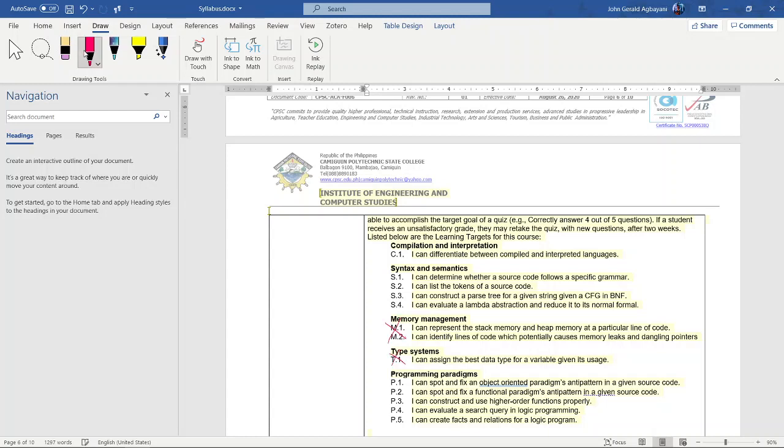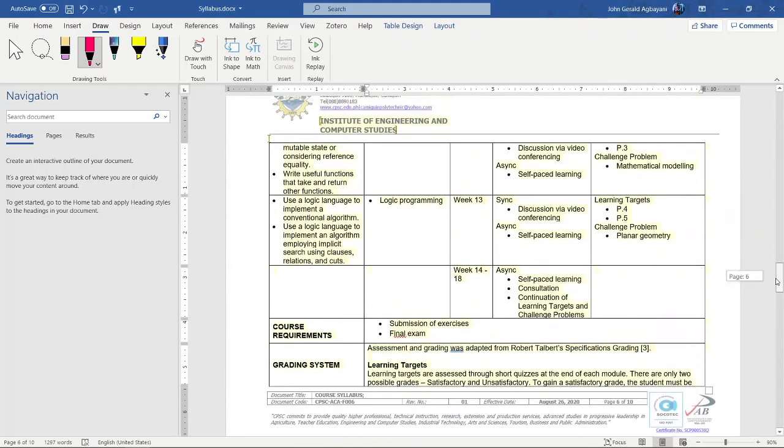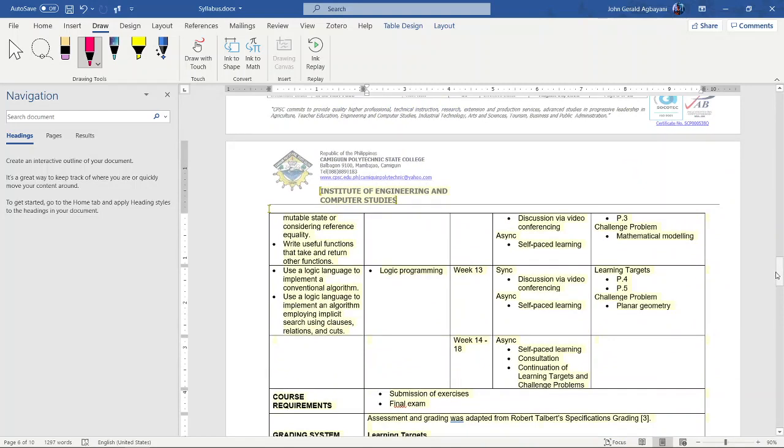I will still decide later or tonight. But okay. Aside from that, we will also have challenge problems, which are your programming activities.